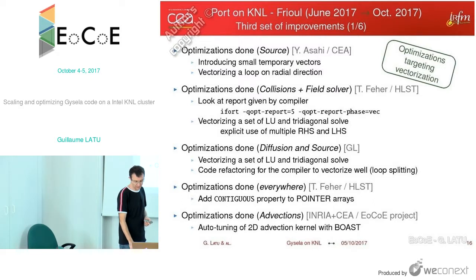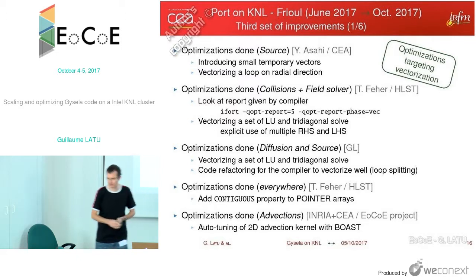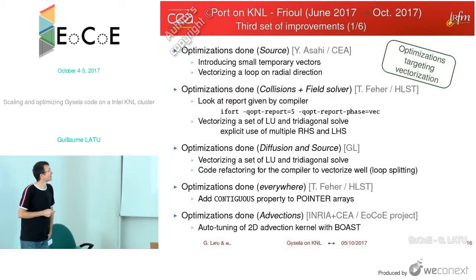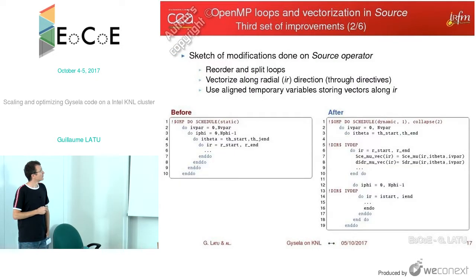And the last thing is auto-tuning, of which I will also give an overview. The first modification is on the source operator, trying to vectorize a bit better. At the beginning we had these 4 loops, and after modification we have only 2 loops, then a copy of some data over the R direction, which is the most contiguous one, and then another loop.